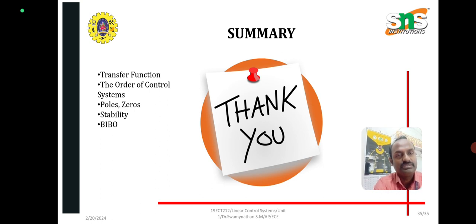So in this unit, we discussed the transfer function, the order of the control system, poles, zeros, stability, bounded input and bounded output. Thank you.